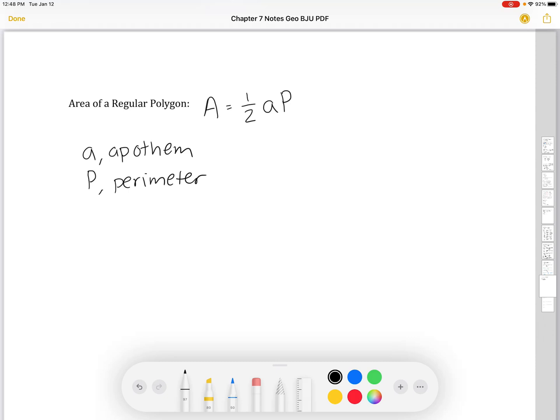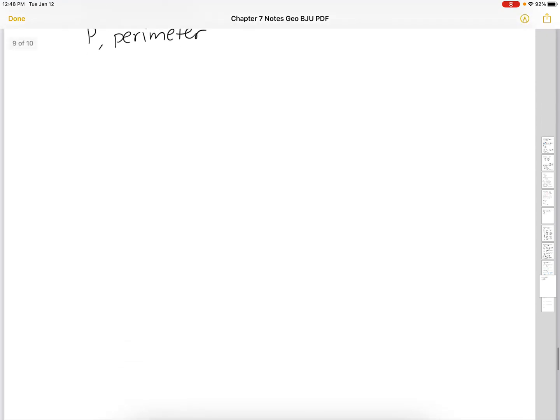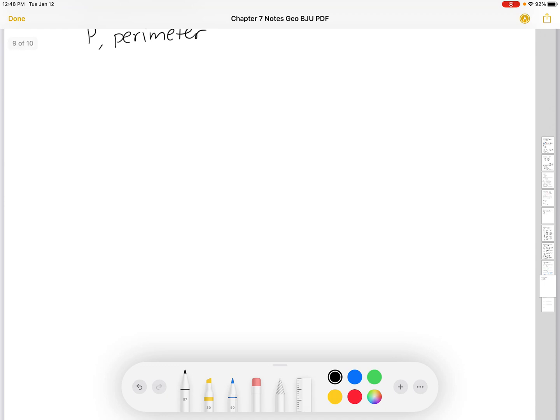So let's try some examples. Let's go back to an octagon. This is a regular octagon. That means all of the sides are equal. We'll say they're each 10. Draw the radius and an apothem.